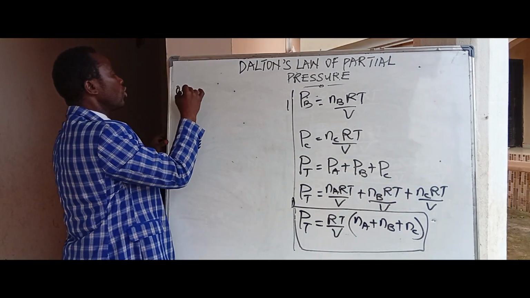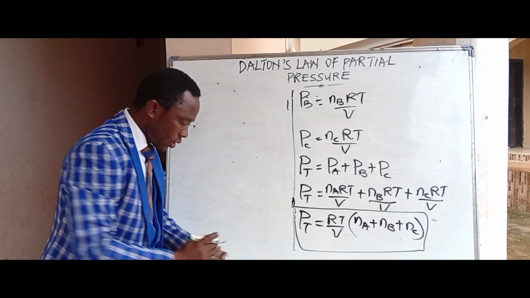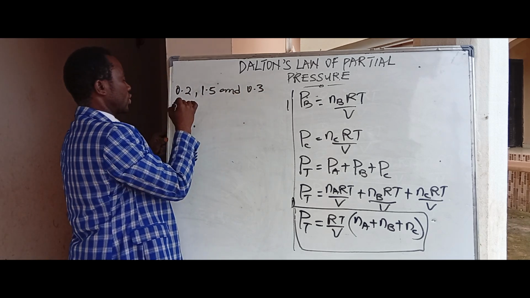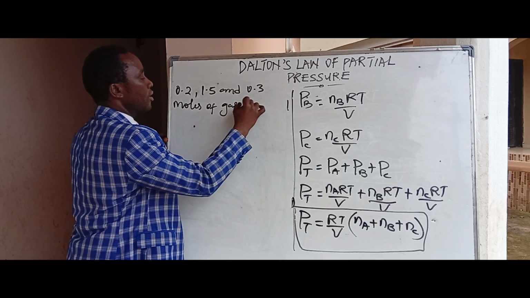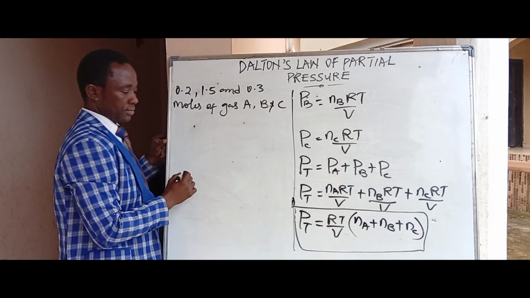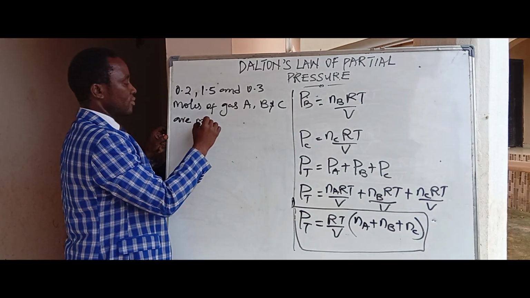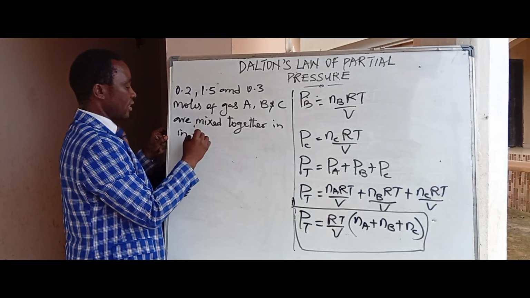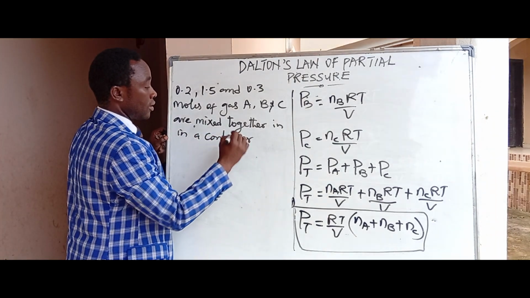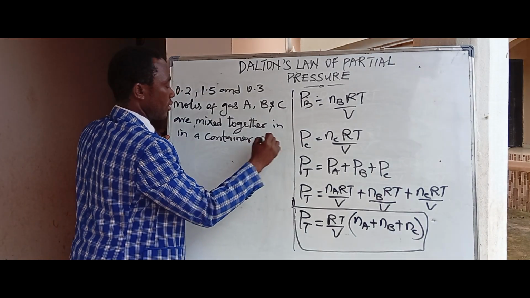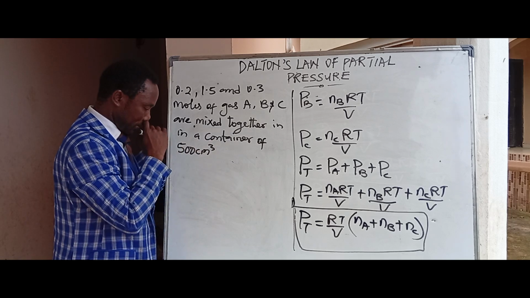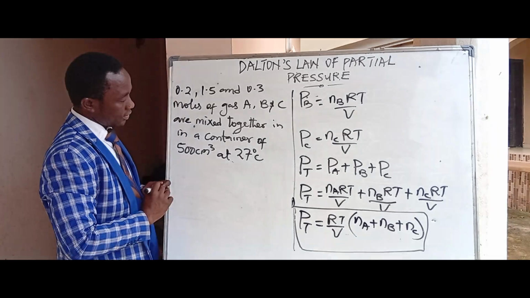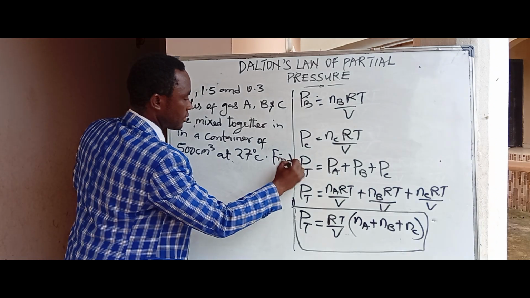Let's say 0.2 mole, comma, 1.5 and 0.3 moles of gas A, B, and C are mixed together in a container of 500 centimeter cube at 27 degree Celsius.